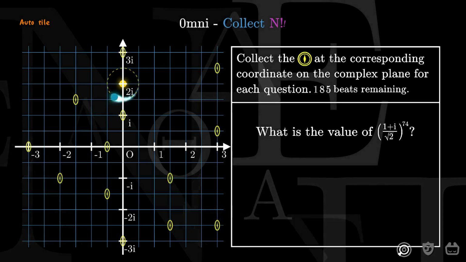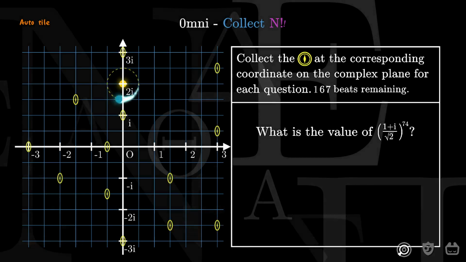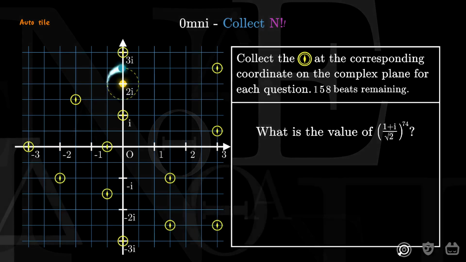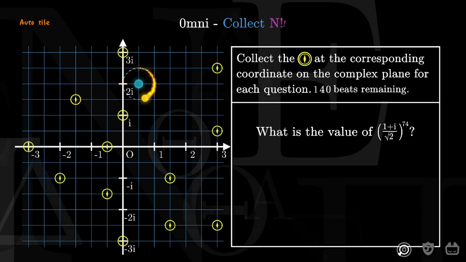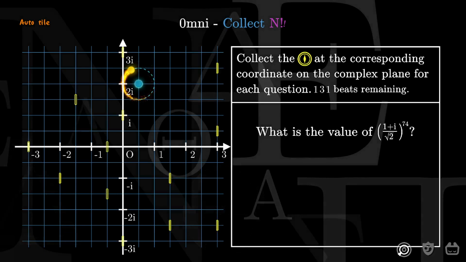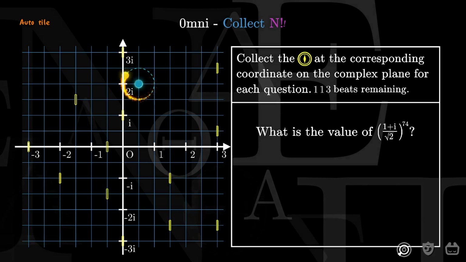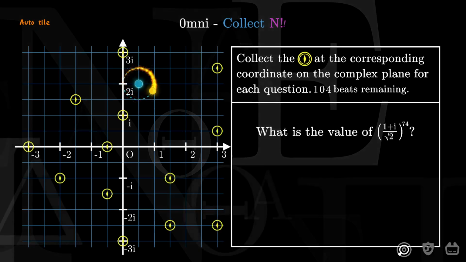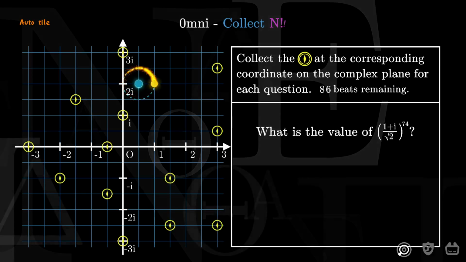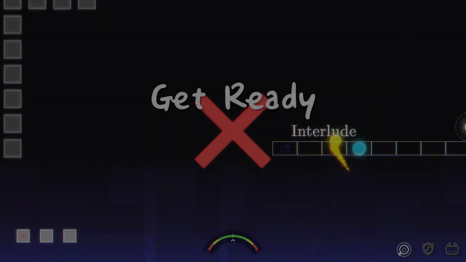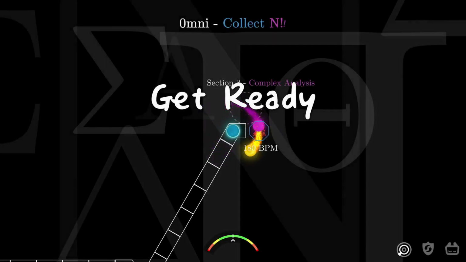Okay, that would equal over 2 to the power of an insane amount. But 1 plus i would also become 1 plus... 1 plus i squared would become 1 plus 2i minus 1. So... Dude, I don't know. This interlude is crazy. I'm not gonna be able to do this.